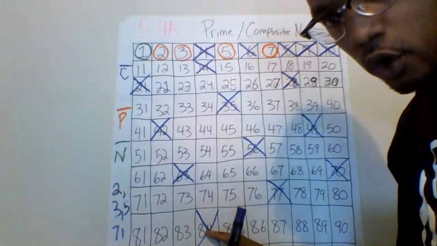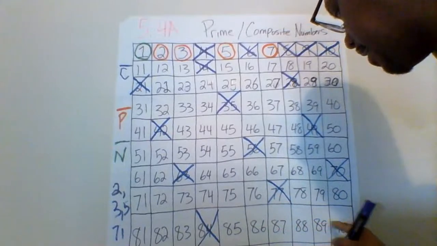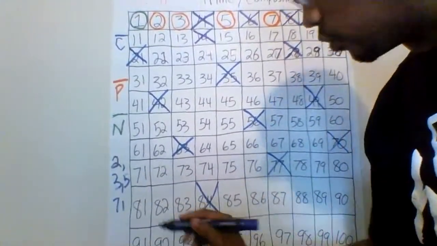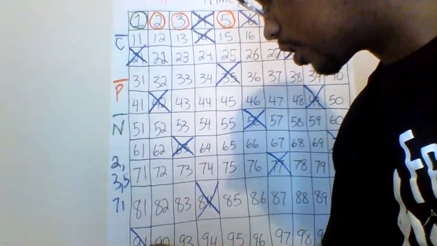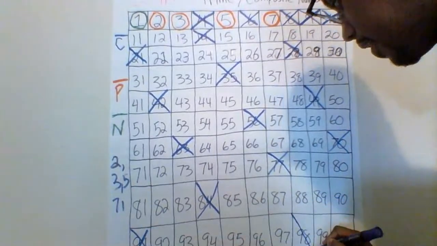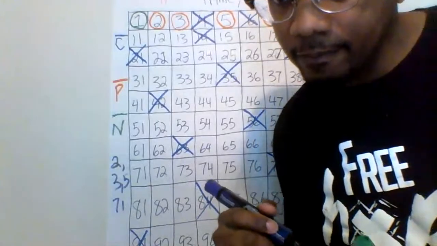Then you had 84. There's also 91, and 98. All right. The rule of 7 is good.